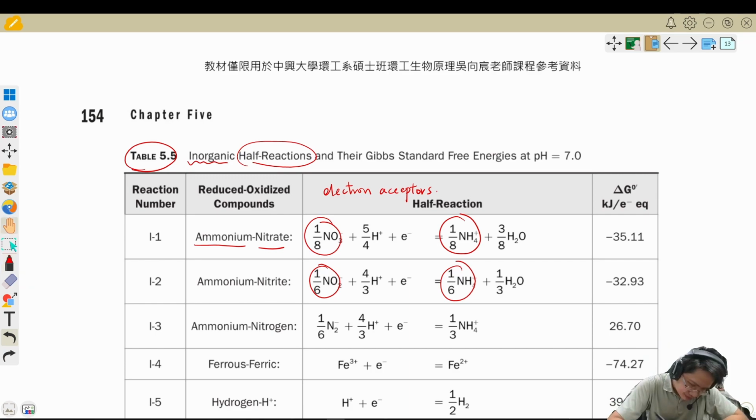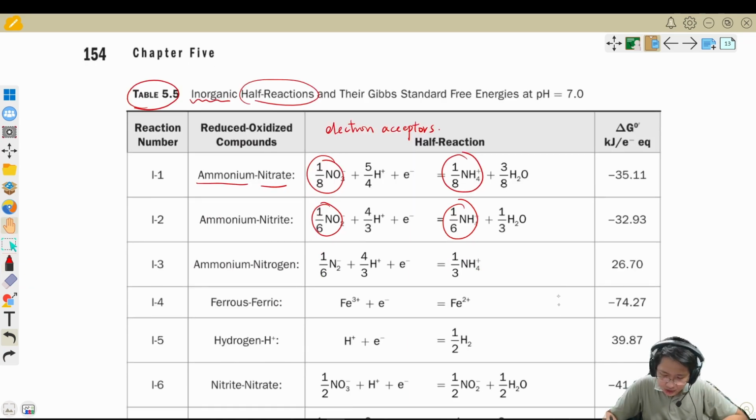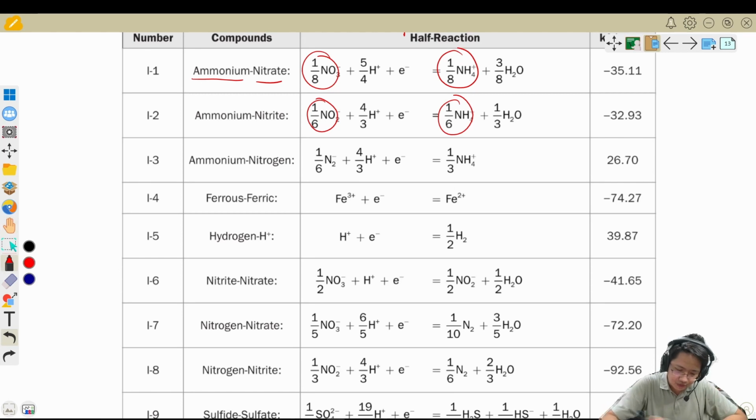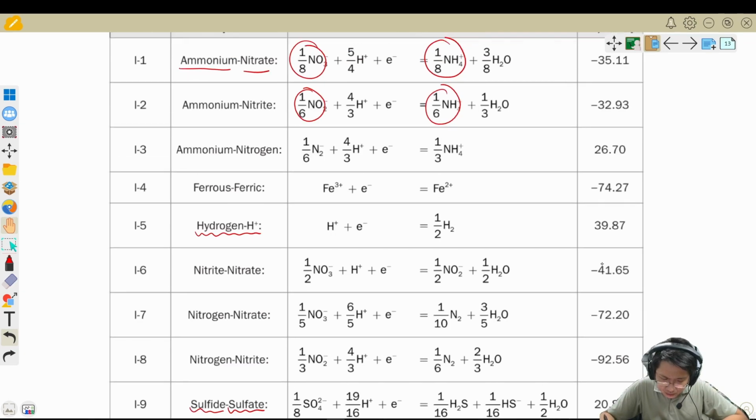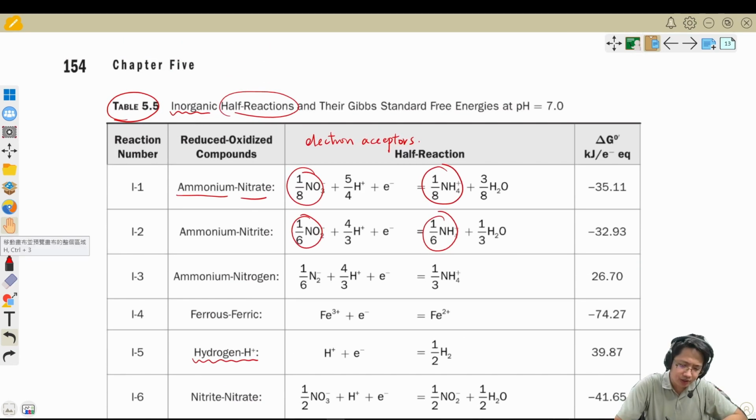There are generally lots of inorganics; sometimes you can use hydrogen, and also sometimes you will use sulfate to sulfide. That is what we call sulfate reducing bacteria. Okay, so they list many reactions, including their free energy here, and also their half reactions here.